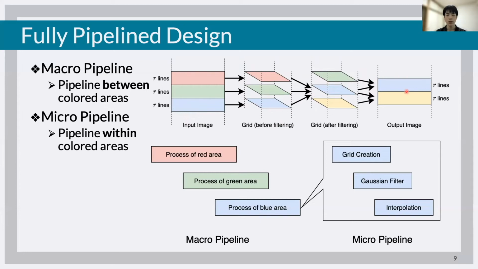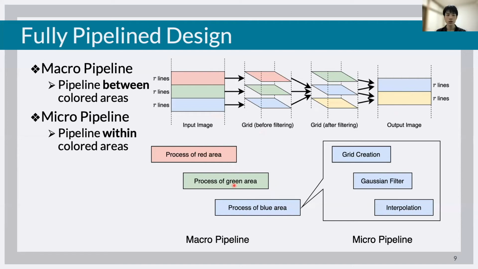Thus, we can regard the areas with the same color as one group, and we can pipeline the groups as shown in this figure. This group-wise pipeline is called a macro pipeline. We can diminish the execution time by overlapping the groups.